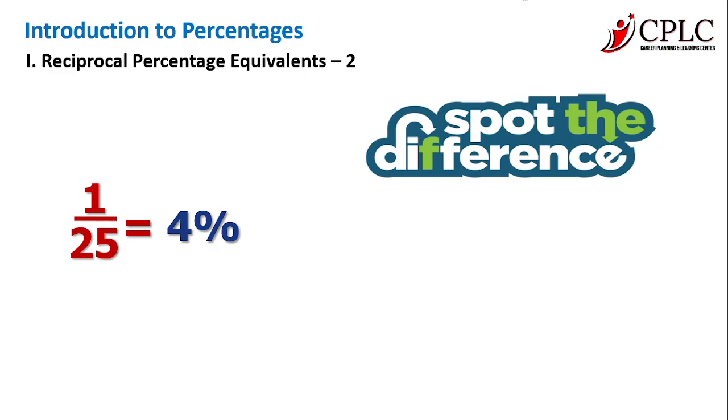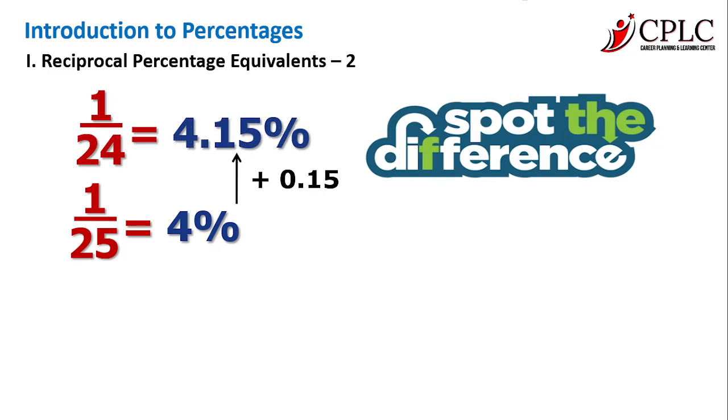Same philosophy: for 1 by 24 the denominator is less, so the answer will be higher; for 1 by 26 the denominator is more, so the value will be lower. The only question is how much more and how much less. Here 4 squared becomes 16. So 1 by 24 becomes 0.16 more than 4, which is 4.16, and the other one becomes 0.16 less, so it becomes 3.84.